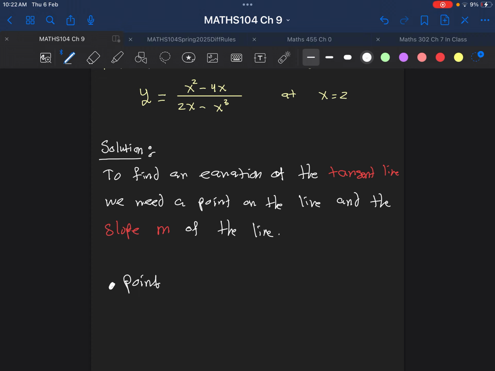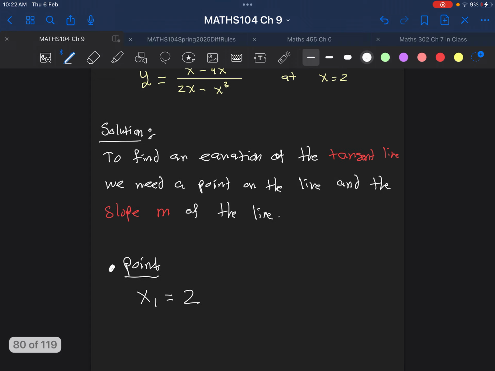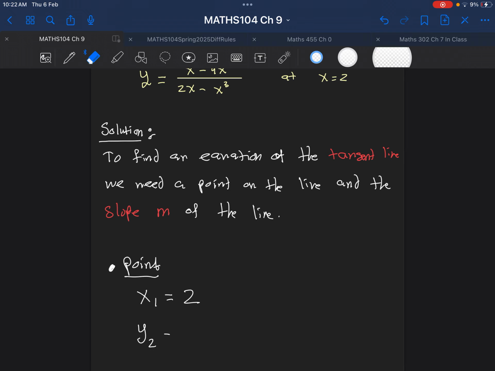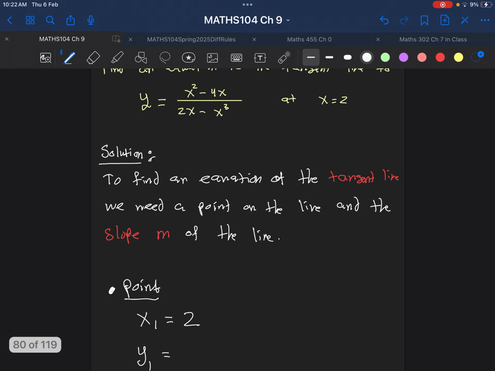So let me first find the point. The first thing I will find is a point, and then we'll find the slope. In order to find the point, x1 must be given to me in the question. All you need to do is find y1. How do we find y1? Well, the only thing we can do is substitute 2 and see what we get.